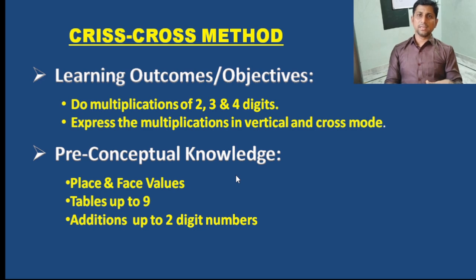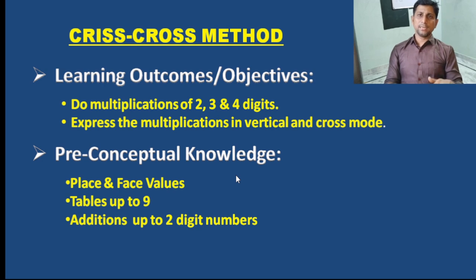Do you observe one thing here? The student should know place values, face values and tables up to 9 to do any kind of multiplication. These two things are very important. And then small additions. Based on these prerequisites, students can do any kind of multiplication using any kind of method.